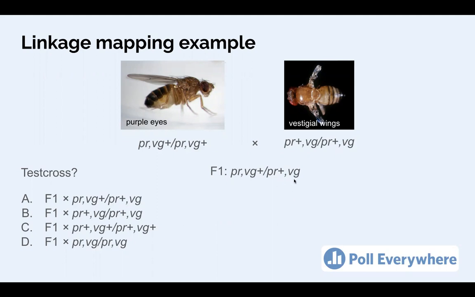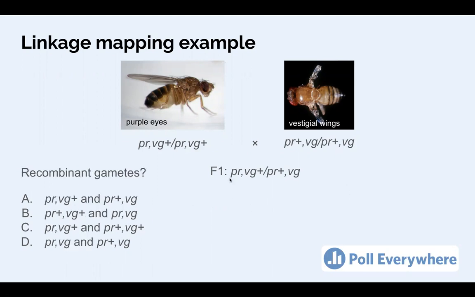Test cross. I'll just simplify this down and pick the right answer. So a test cross, if we were crossing the F1 individual, would be with an individual that's entirely homozygous recessive. So that would be a fly with purple eyes and vestigial wings. If this individual makes gametes, which of the gametes would be recombinant? So again, you can start visualizing what the chromosomes look like. The non-recombinant would have the combinations that we see in the parent. So PR VG plus is one of those, PR plus, comma, VG is the other one.